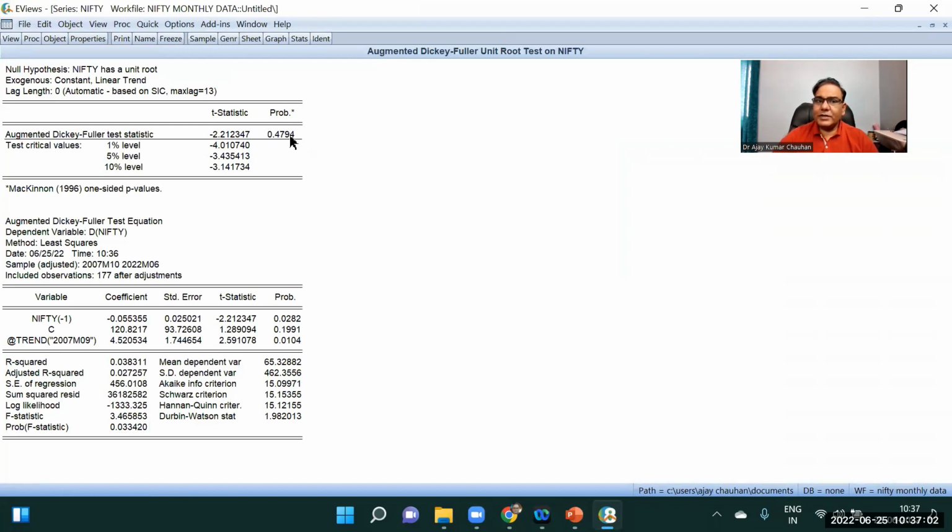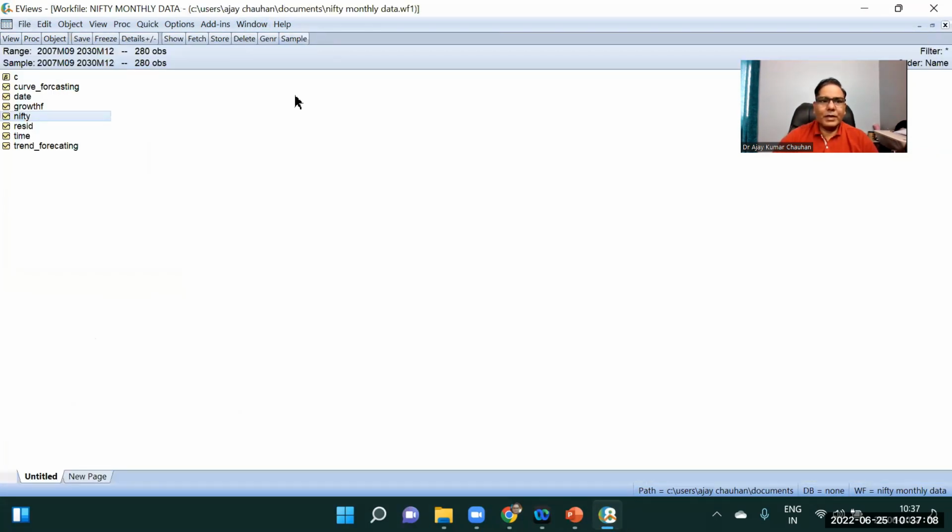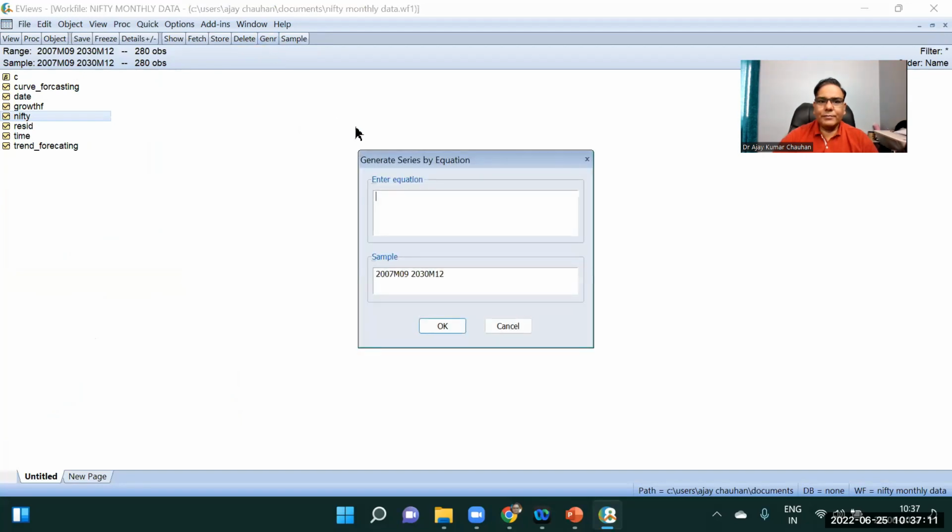So I am generating this series: Nifty return equal to dlog of Nifty. The sample I can take only up to 22.06 because after that we don't have the values.